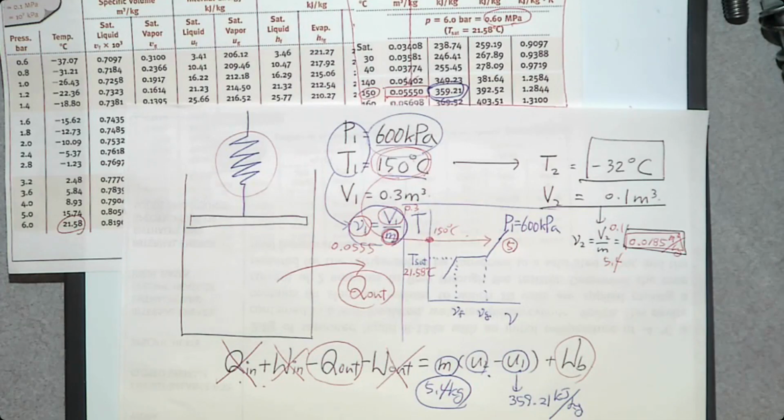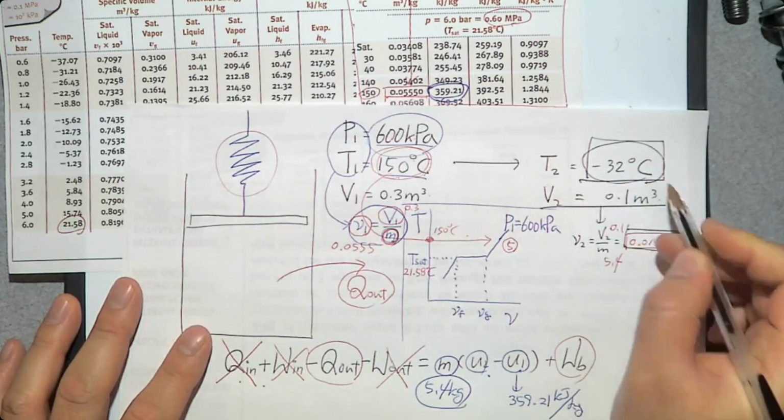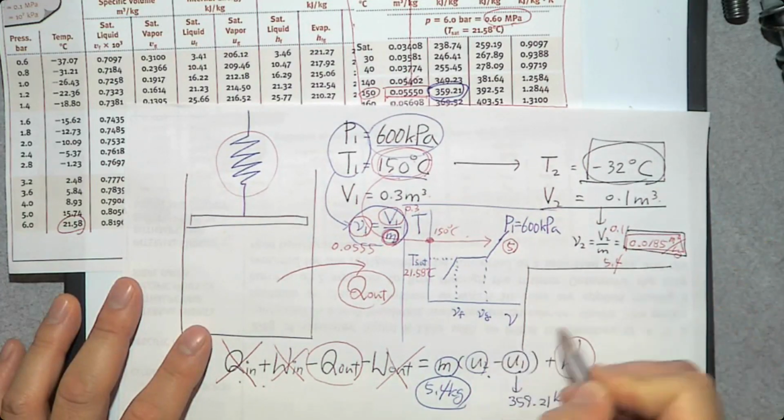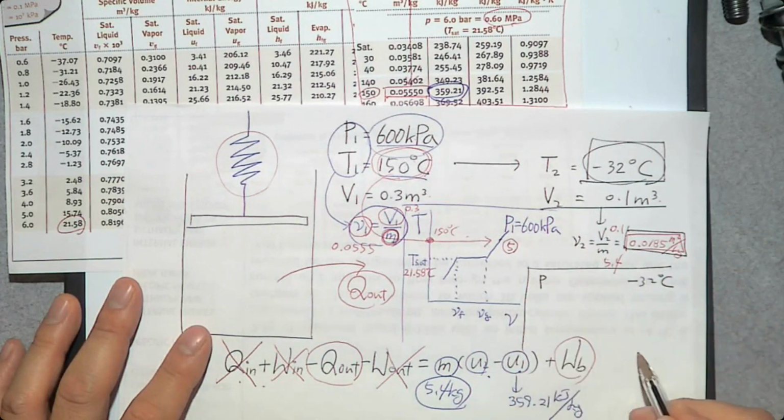Not anymore. This is the initial state. After heat is removed, we don't know where it is, right? So we need to re-evaluate the phase change process at the end. So let's do that. We know minus 32 degrees Celsius. So at minus 32 degrees Celsius, we can make a Pv diagram.